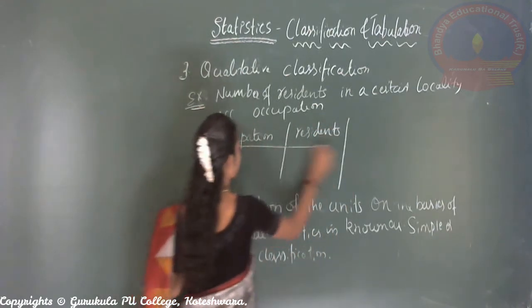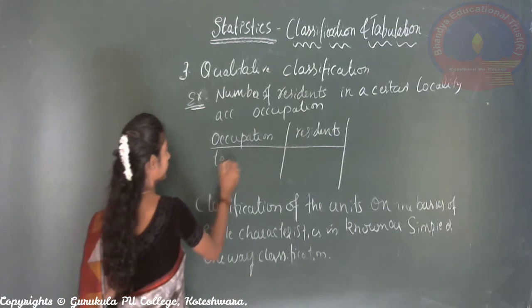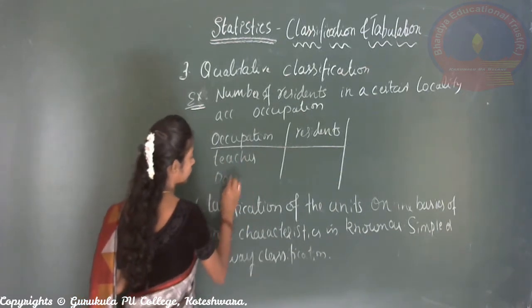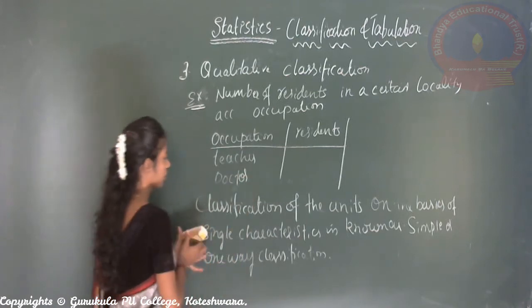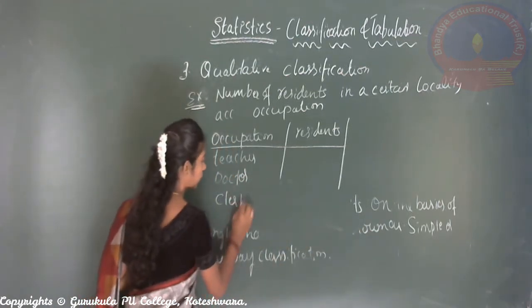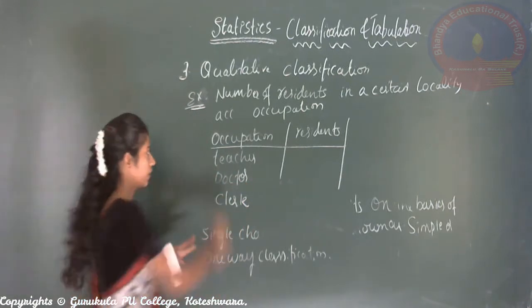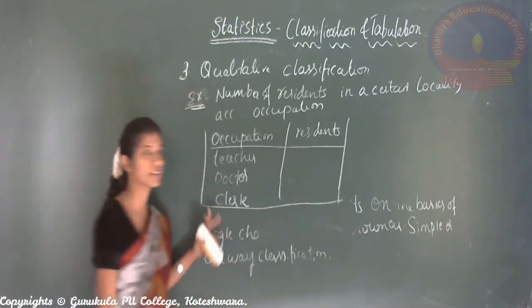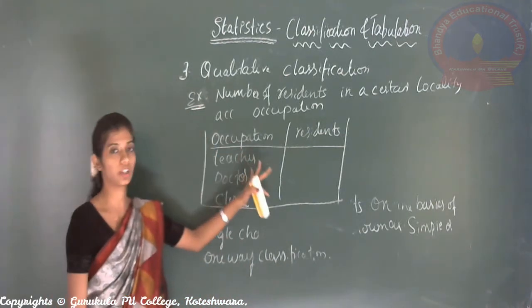So here occupation there may be teacher, doctor, or there may be a clerk. Whatever occupation you take, you can find out how many residents there are in a particular locality.